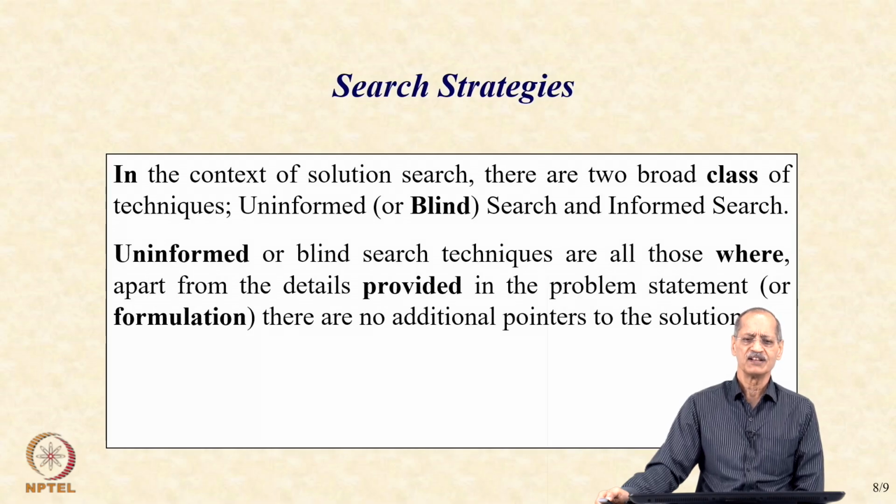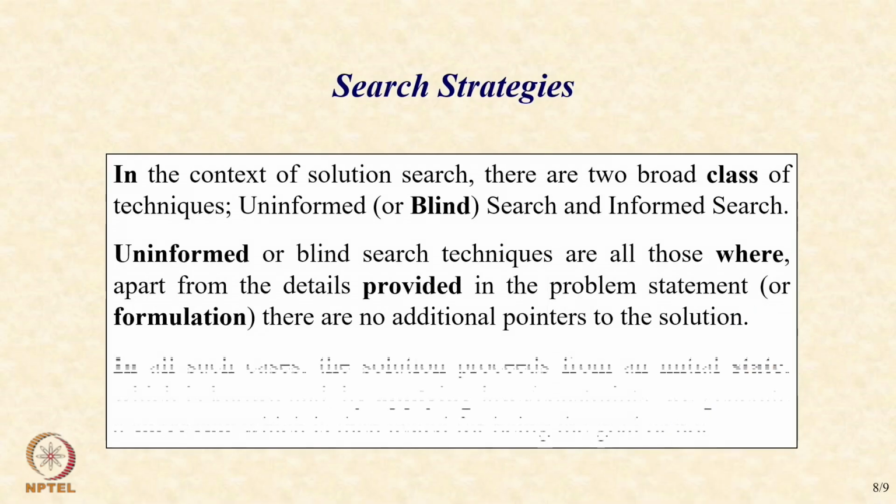So, blind search, uninformed search is essentially like finding that needle in the haystack by checking everything. The other one, of course, is the informed search, where you do have some problem specific knowledge, which you make use of in order to proceed with the search, so that you reduce not only the search space, but also the search time.